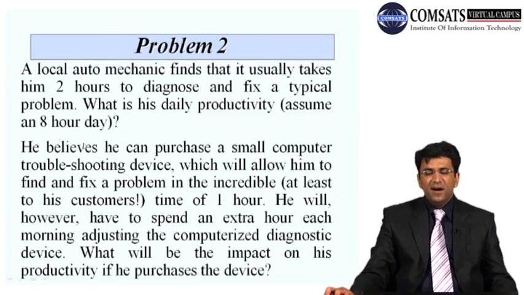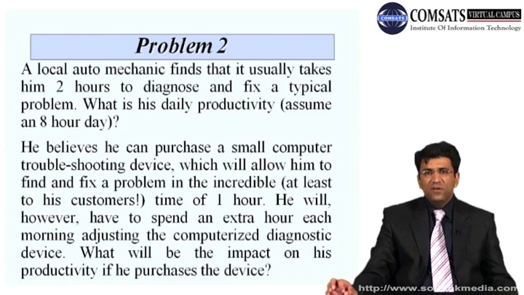So if there are 8 hours in a day, 1 hour will be consumed by him in order to adjust the device and software. So the remaining hours are 7 hours now. So his new productivity will be equal to 7 problems per day, because now with that device he can solve a particular problem in 1 hour.